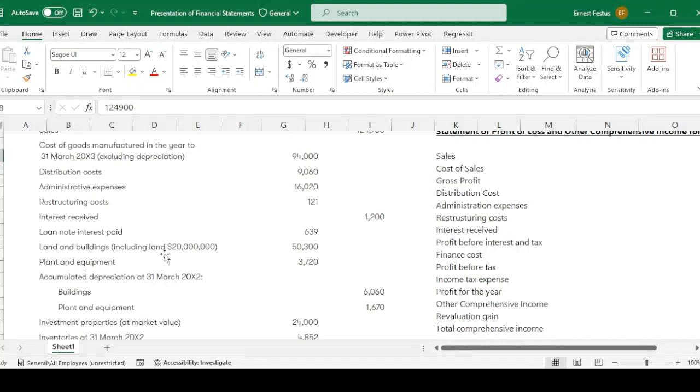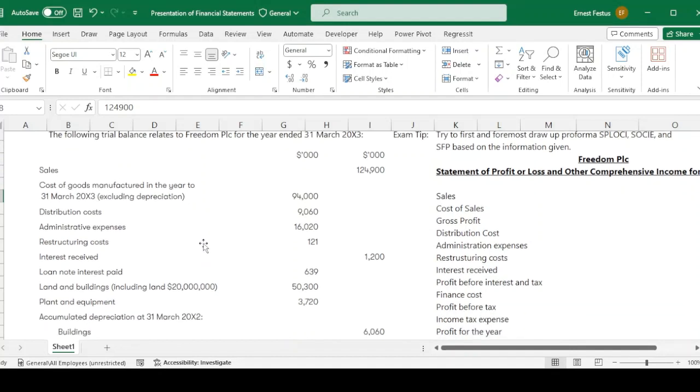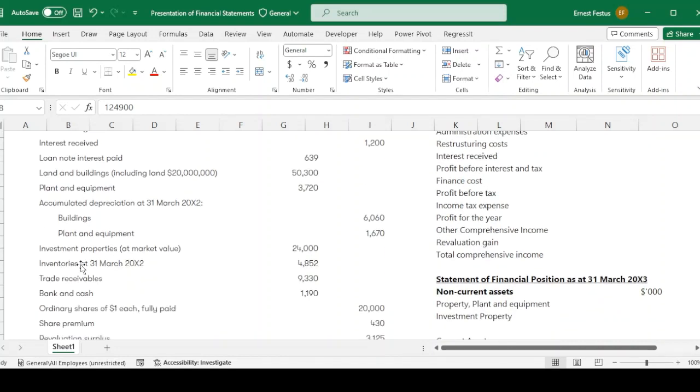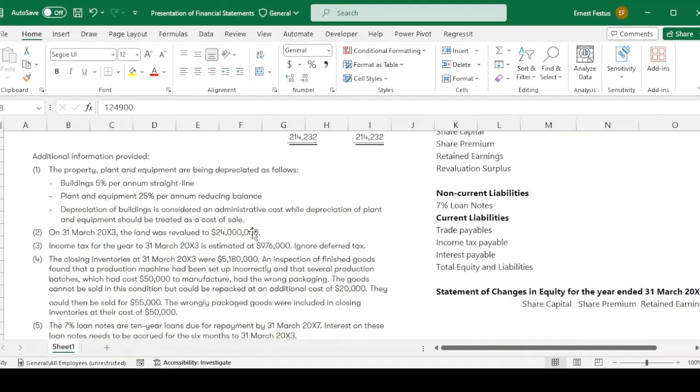So we'll come to the trial balance and look at every item that affects cost of sales. The first one is the cost of goods manufactured, which is a cost of sale item. We also have opening inventories, that is 31st March 20x2. We also have our closing inventories within the additional information, and we are supposed to apply the standard IAS 2 inventories to arrive at the cost that we must include as our closing inventory.